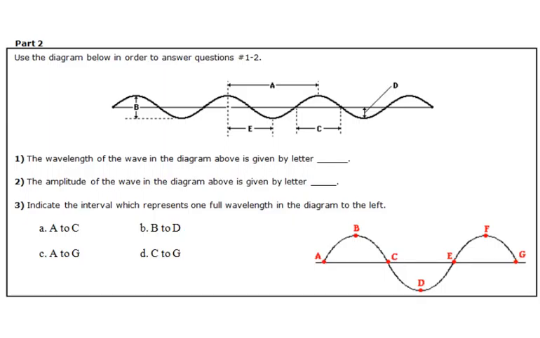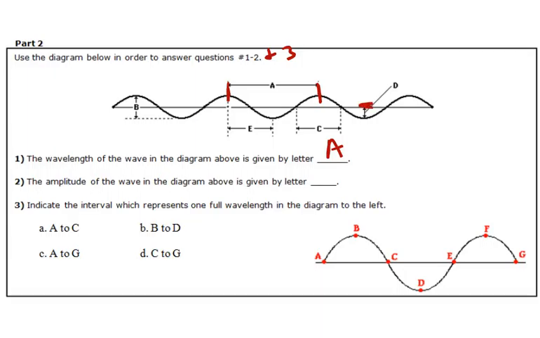Okay, so you use the diagram below in order to answer questions 1, 2, and 3. Okay, the wavelength of the wave in the diagram above is given by, so wavelength is typically, most obvious is crest to crest, so that would be A. The amplitude of the wave in the diagram above is given by, if you remember, amplitude was the displacement from the midpoint.